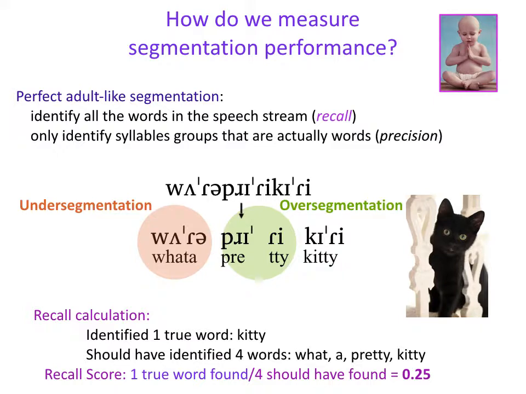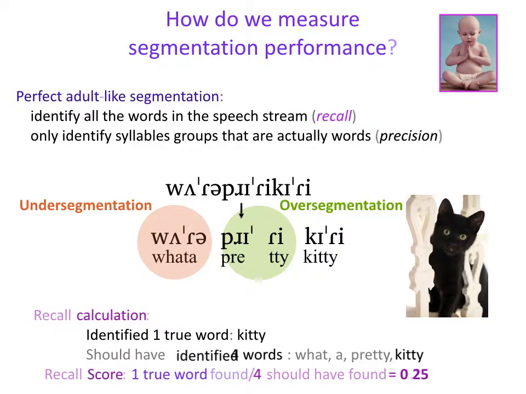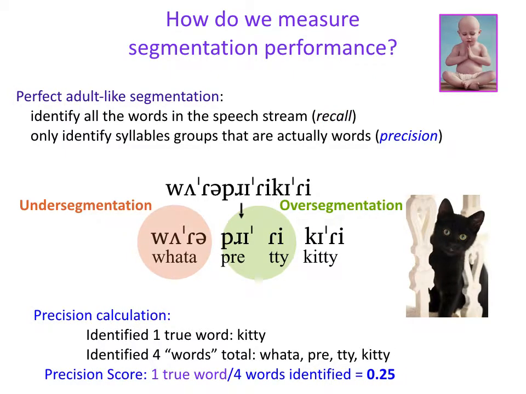Well, only "kitty" is, so that's 1. And you should have found 4 words. So you only found 1 out of 4, which is 0.25. What about precision? Well, again, you only found 1, but you guessed 4 things, and only 1 of those 4, "kitty," was an actual word. So again, your precision is low. 1 true word out of 4 things you thought were words is 0.25.